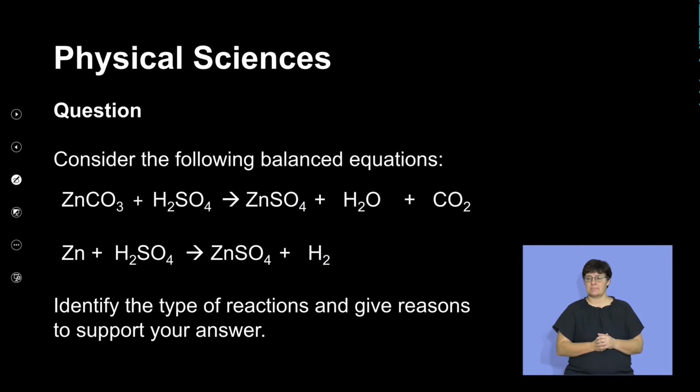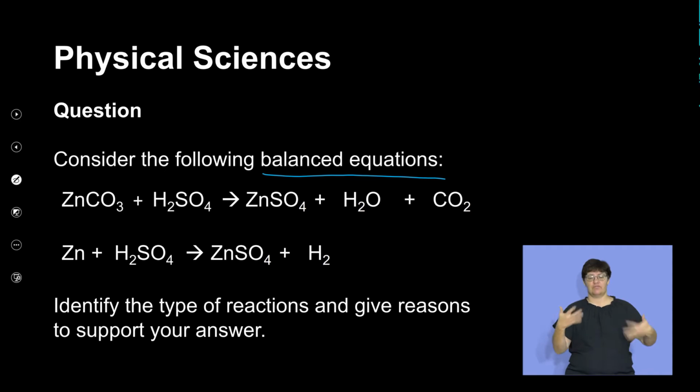Now let's look at the other question, which says, consider the following balanced equation. Now this equation has been balanced for us already. So we don't need to tamper with the stoichiometric ratio in which they react. We can simply interpret because it has been balanced for us.